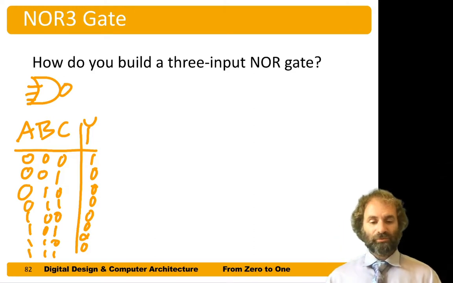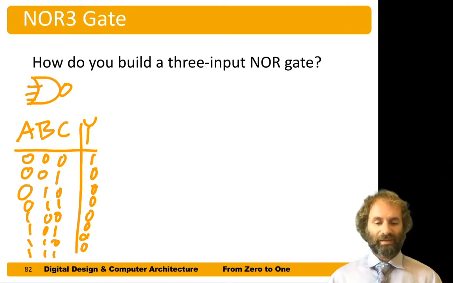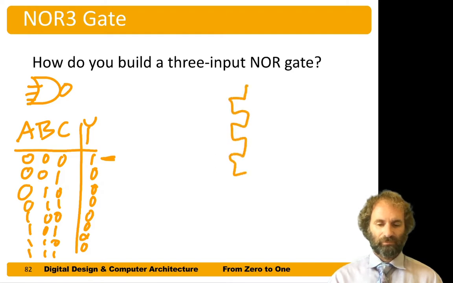So to build this with transistors, we'd like to have a path to the power only when all of the inputs are low. So we need PMOS transistors, 3 PMOS transistors in series. Only when all of these inputs are low should the output pull high.